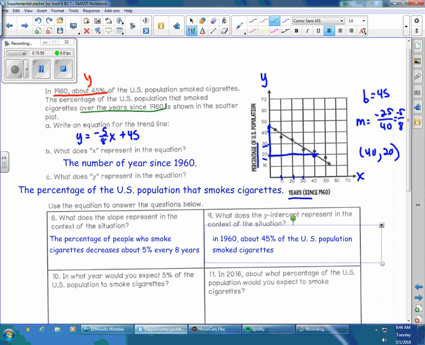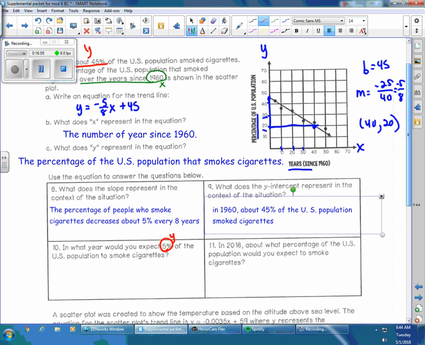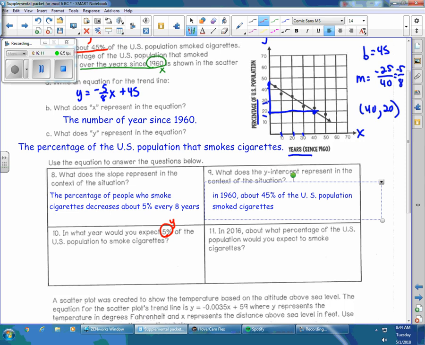Number of years since 1960, and that's our x. So they're giving us a percent here at 5, that's our y. So we're going to plug that into our equation. 5 equals negative 5/8 x plus 45.